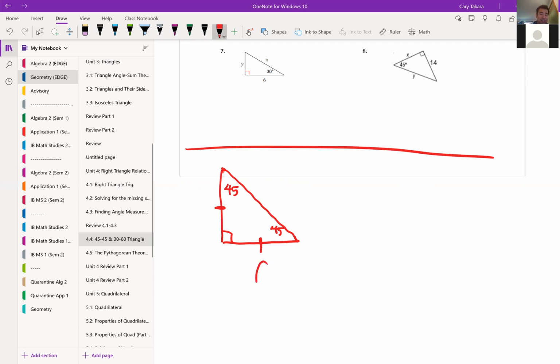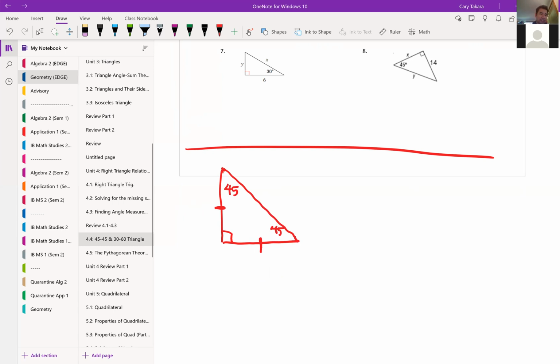If I give you that this is a 6, the other side is going to be 6. If this is a 7, the other side is also going to be 7. They are equal to each other. Do you understand that? If this is 5.2, then the other side is going to be 5.2. Hopefully you got the point. So they are the same.